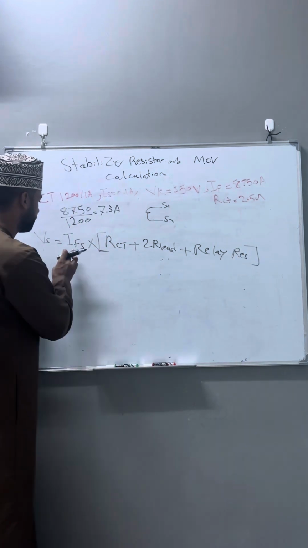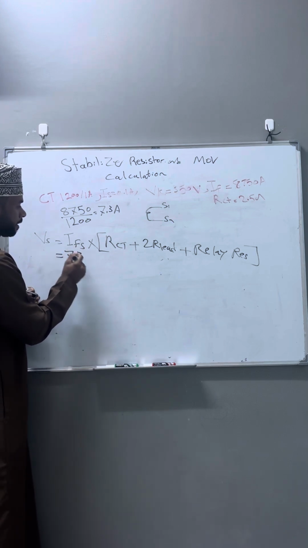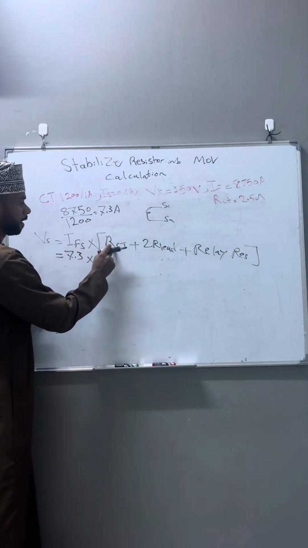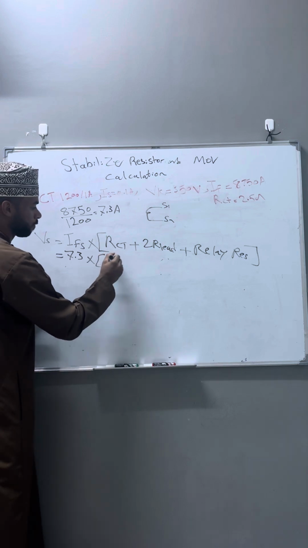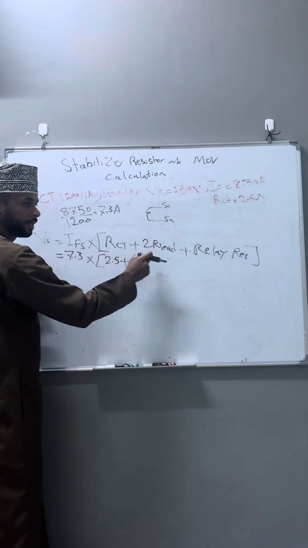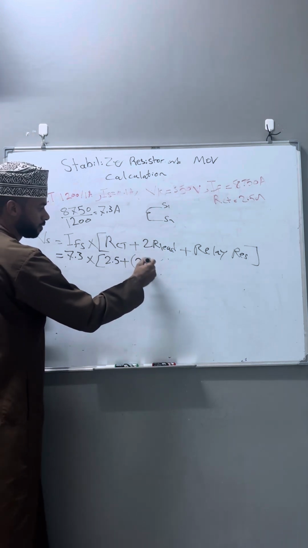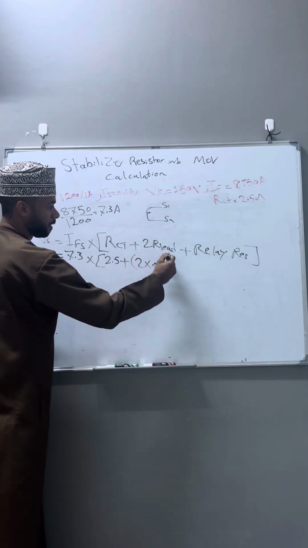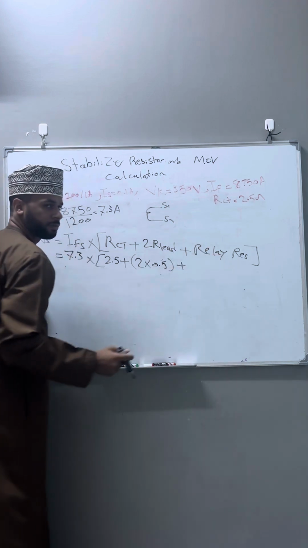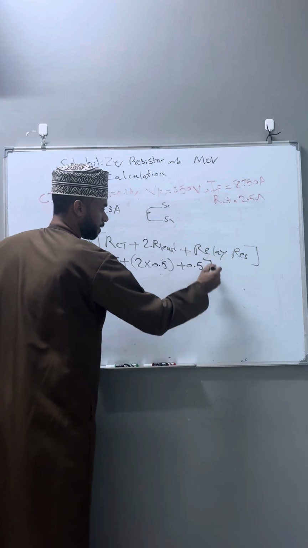Okay. Now, the fault current we have in the secondary is 7.3. I will multiply it by RCT, given as 2.5, plus 2 R lead. This is given by the CT manufacturer, assumed to be 0.5. Plus the relay resistance from the relay manual, also assumed to be 0.5.